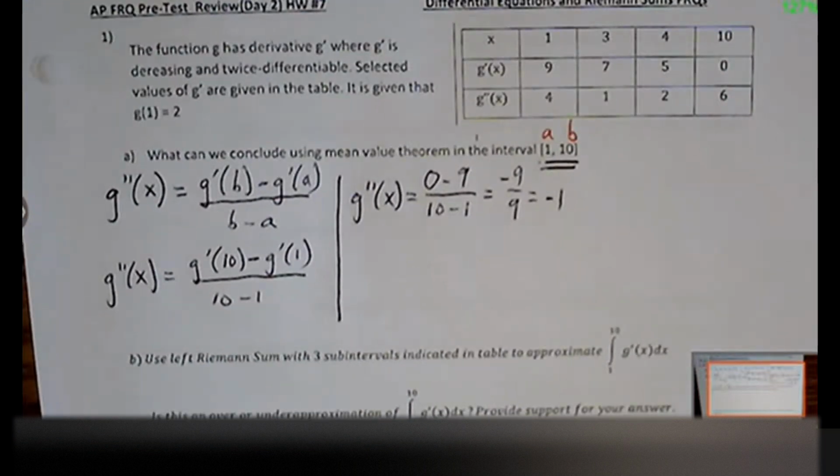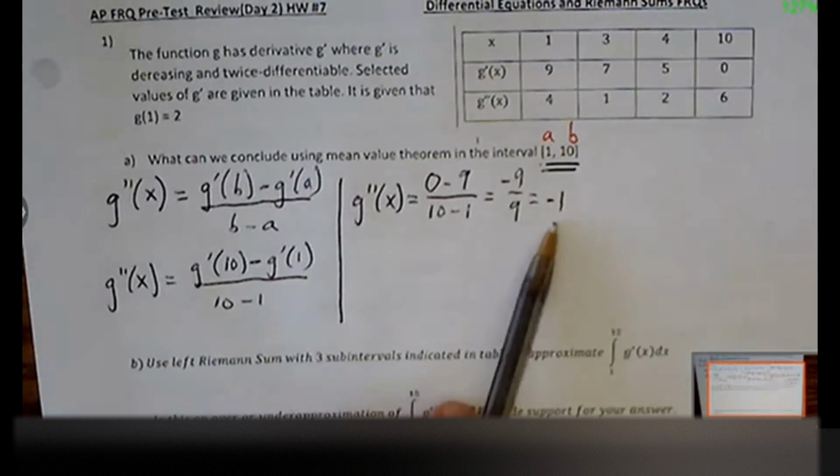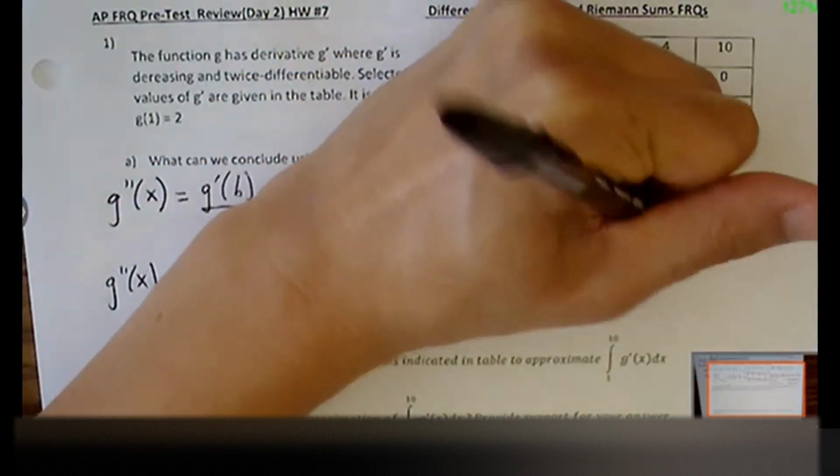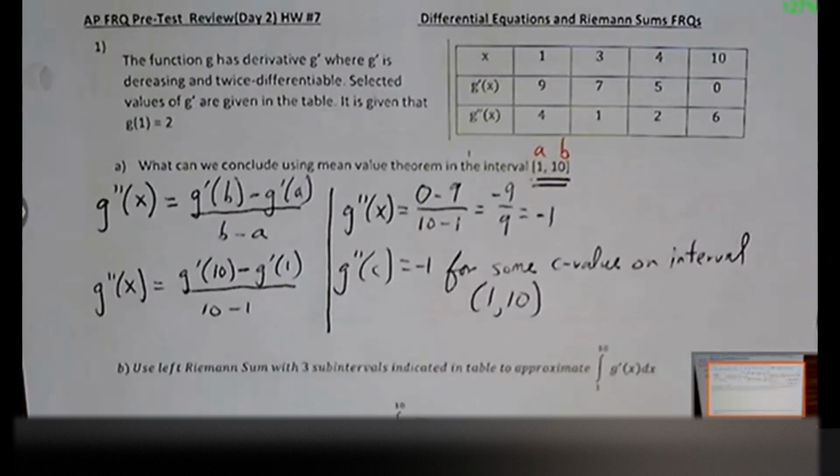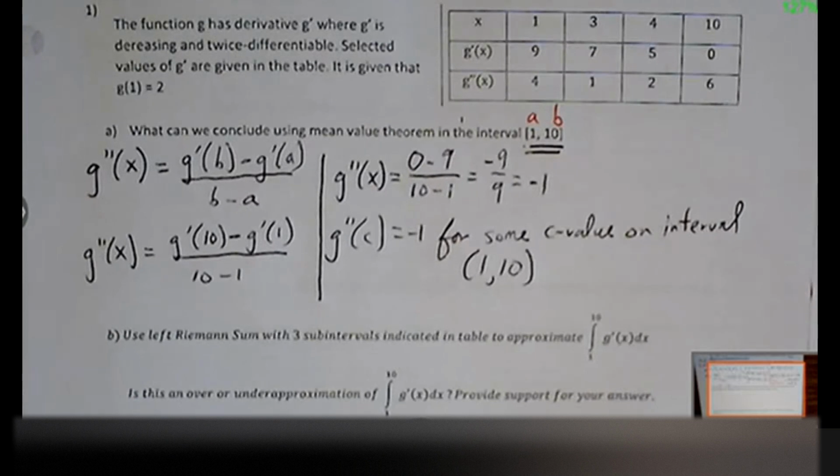So we can guarantee that there must be a second derivative value of -1, or in other words, there must be a slope of -1 somewhere along the curve. Okay.